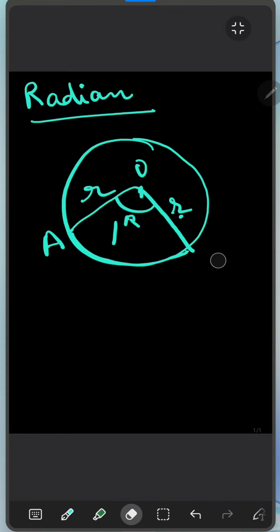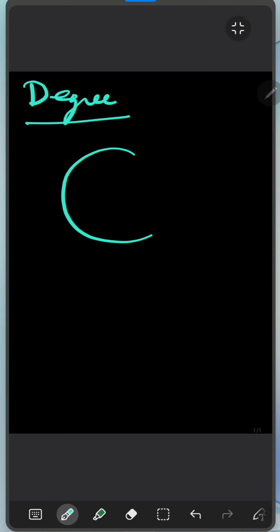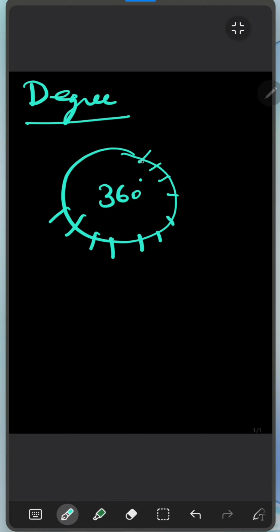Now again we will revise this. I hope you have understood. Okay, so first we will take what is degree. A full circle is of 360 degrees. If we divide this into 360 equal parts, then one of its parts will make an angle of 1 degree.